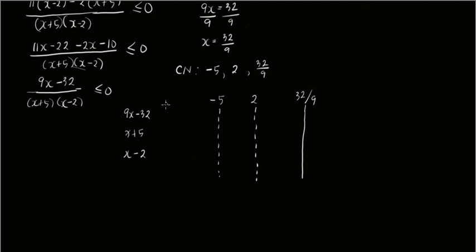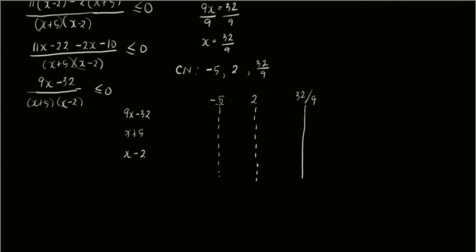Iisipin natin kung ano yung mga signs nitong mga to kapag mas mababa sa negative 5. Think of a number na mas mababa sa negative 5. Say, for instance, negative 100. And then substitute it here. So you will notice, negative to, this will become negative also, this is negative also. So lahat ng sign na negative.